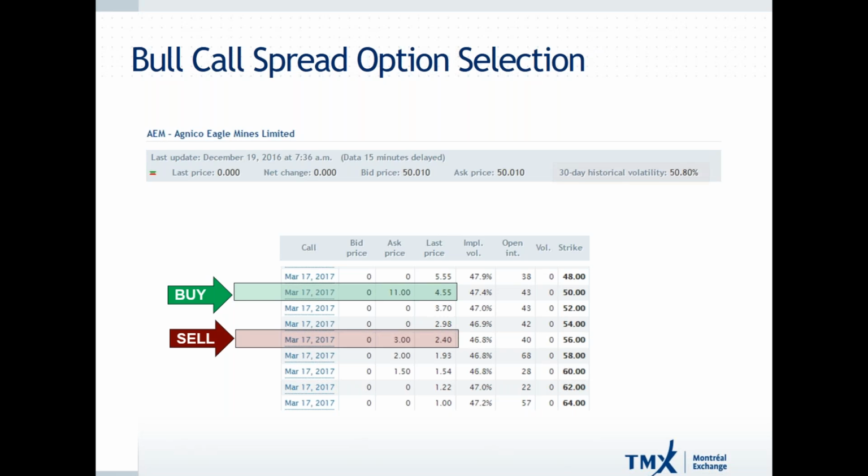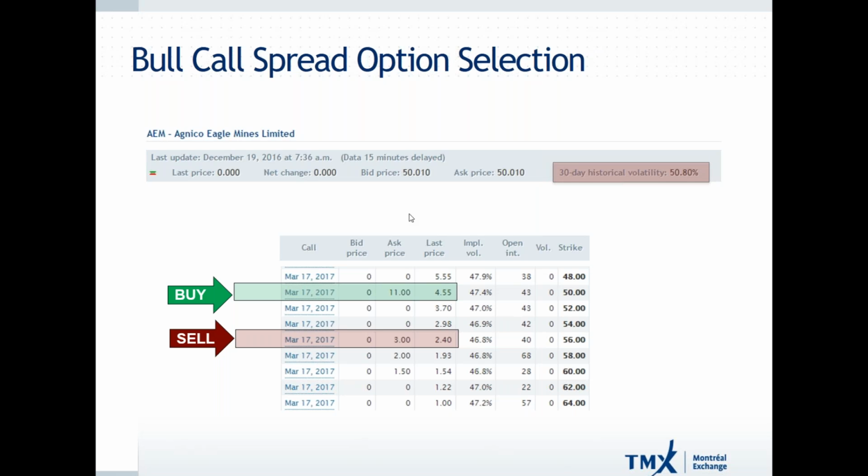And I rounded on the other side to the last price, and we're going to sell it for $2.50. I rounded down with the buy and rounded up with the sell, and ultimately we got to our $2 price point. But what I want you to take a look at is the historical 30-day volatility. The price action on the underlying stock is about 50%. It's pretty high, right? Because gold stocks are all over the place.